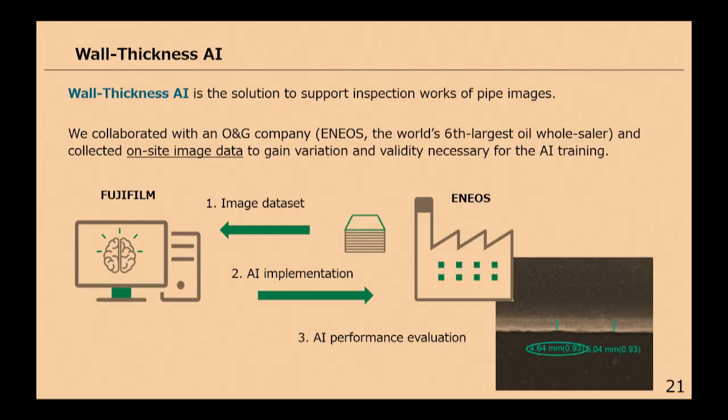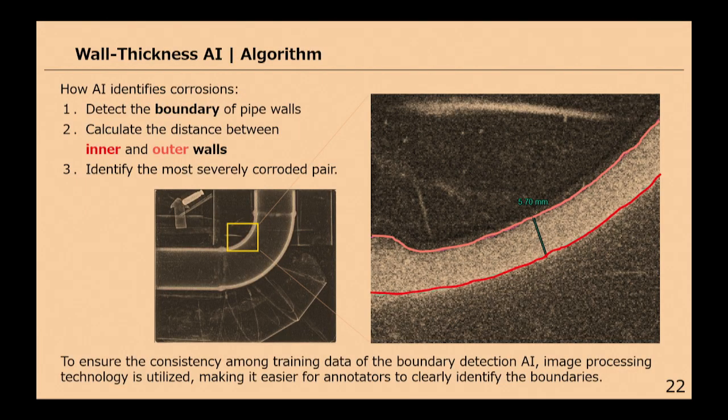So for wall thickness AI, again, this is used more for corrosion detection in pipes. It's really good for the oil and gas industry. We've collaborated mostly in Japan with other oil and gas companies to start training the AI. We are currently working on that, making really good progress with it. The nice thing about that is it's actually going to know what the dimensional measurements of those walls are.